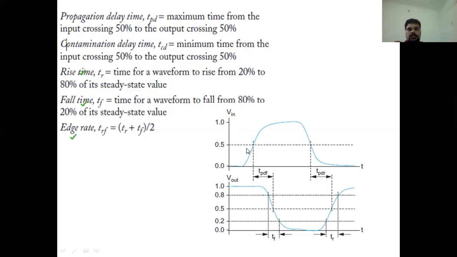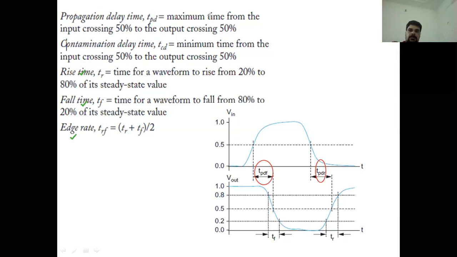We can calculate propagation delay time in two ways, that is tPDF and tPDR. tPDF is calculated when the output is falling, and tPDR is calculated when the output is rising.